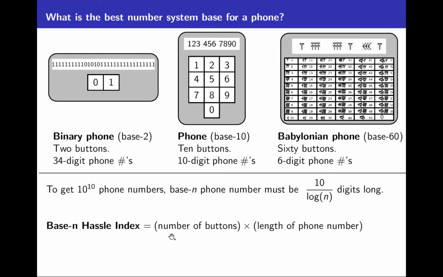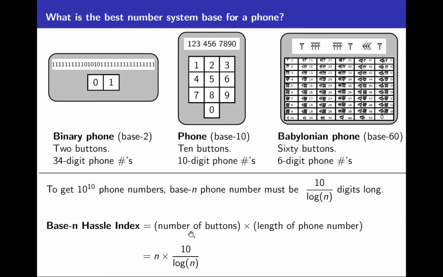That is literally how many choices you have to make to dial a phone number. The number of choices per punch times the number of times you have to do that, the length of the phone number. It's literally the number of choices you have to make. Lower hassle index would be easier to dial, less chances of mistakes. Higher hassle indexes mean it's more mental effort to dial and more of a chance to make mistakes.